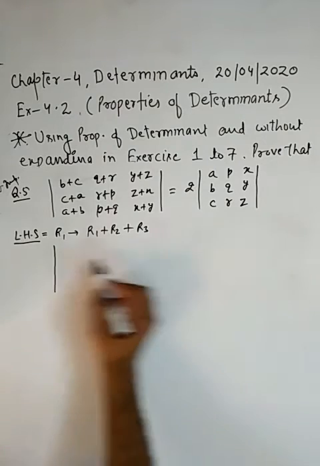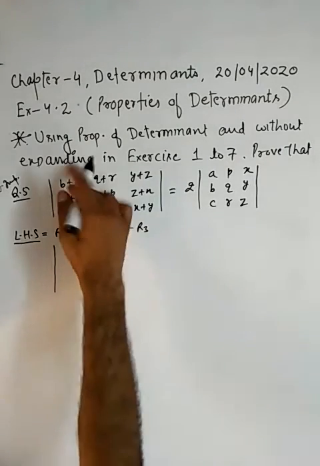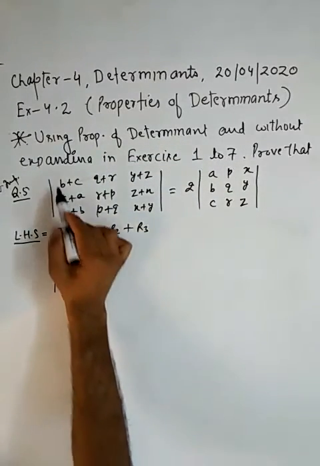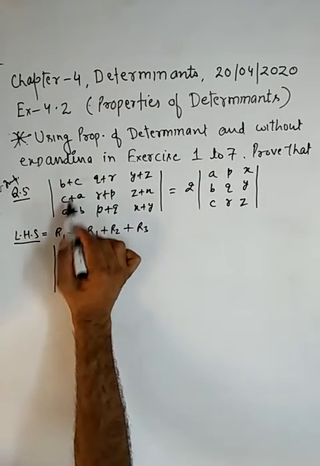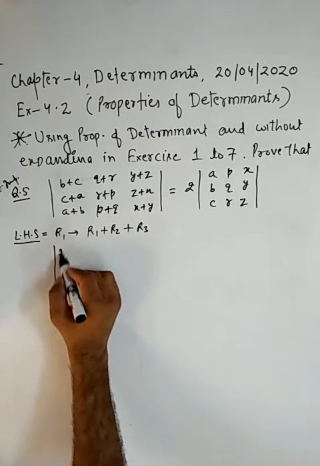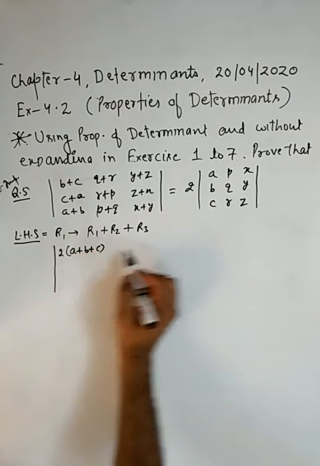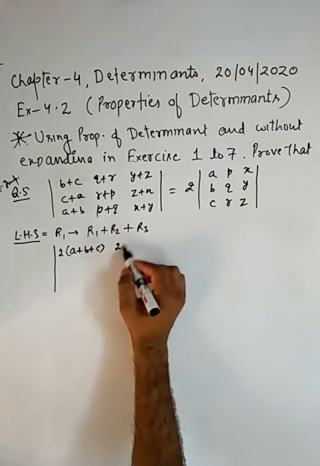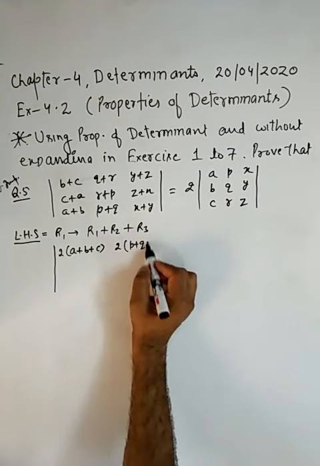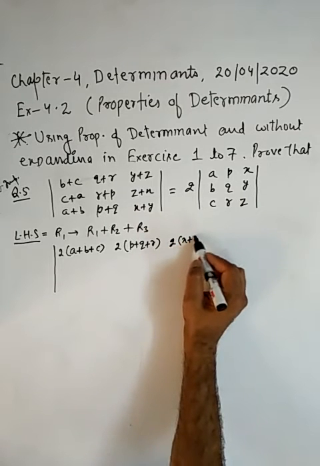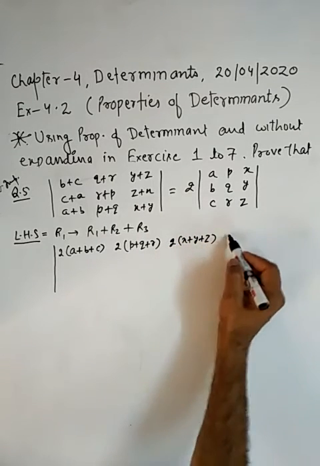So it becomes, when you add row 1 to row 2 to row 3, this becomes A, B, B to B, A to B, 2A, C, C to C. So taking 2 common, A plus B plus C, here 2 P plus Q plus R, and here 2X plus Y plus Z.